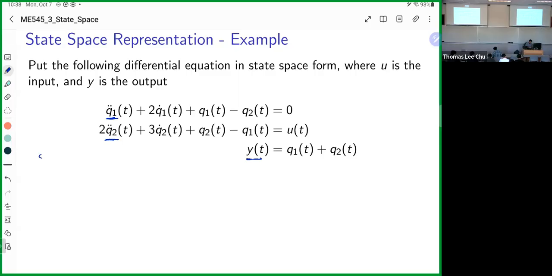So our state variables are going to be Q1, Q1 dot, Q2, and Q2 dot. Notice how our input only pops up for Q2 double dot. Let me write input there, and then our output here.